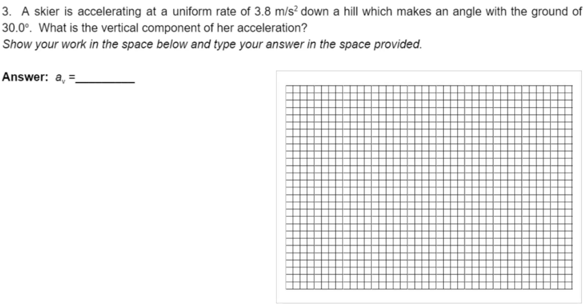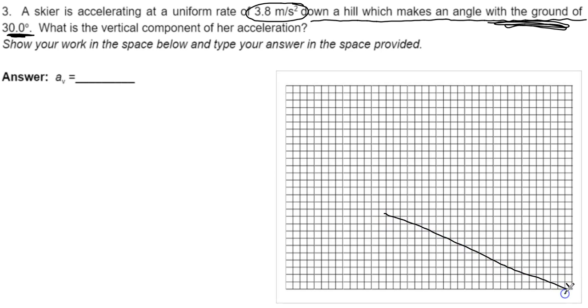The information that we're given is an acceleration of 3.8 meters per second squared down a hill which makes an angle with the ground, so that's going to be important, of 30 degrees. If we were to graph that out, we want a vector pointing down toward the ground at a rate of 3.8 meters per second squared, which makes an angle with the ground.